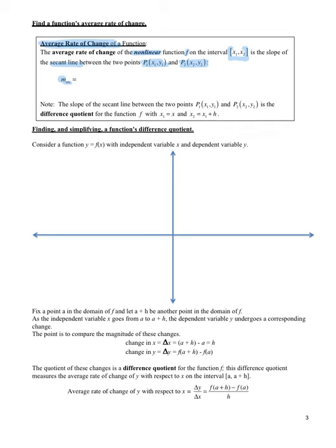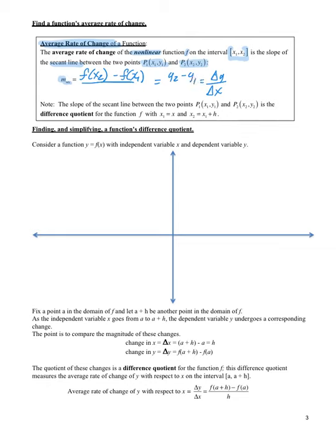To find the slope of the secant line, remember, slope is change of y over change of x. So if I'm looking at my change of y values, it's the function evaluated at the second point minus the function evaluated at the first point. So that's my y2 minus y1.